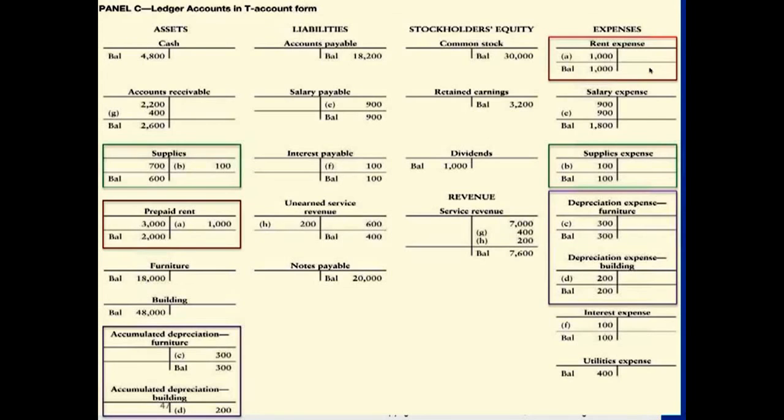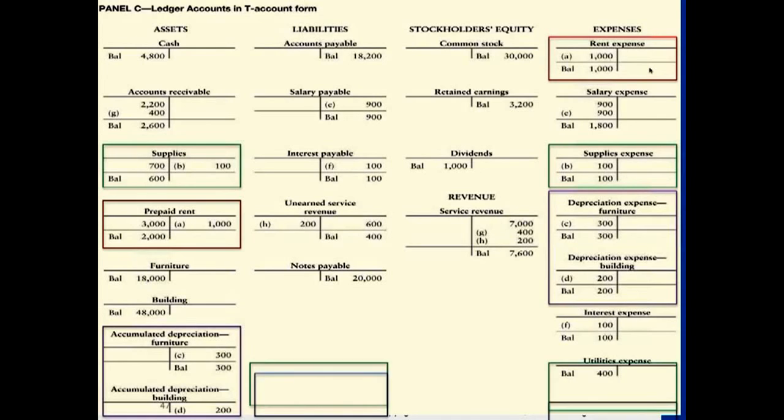As we use this long-term asset, we'll reduce the value of it by listing accumulated depreciation and depreciation expense. So this represents that on a monthly basis, furniture's usefulness is reduced by $300 worth of value, building reduced by $200. Again, this is a monthly recurring entry that will happen on a monthly basis.